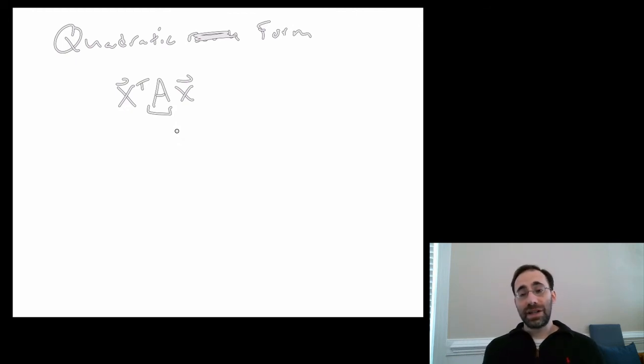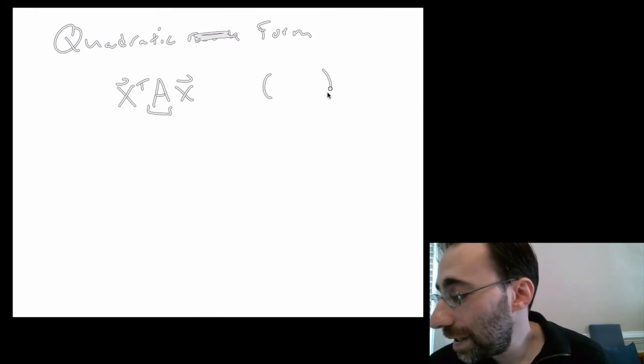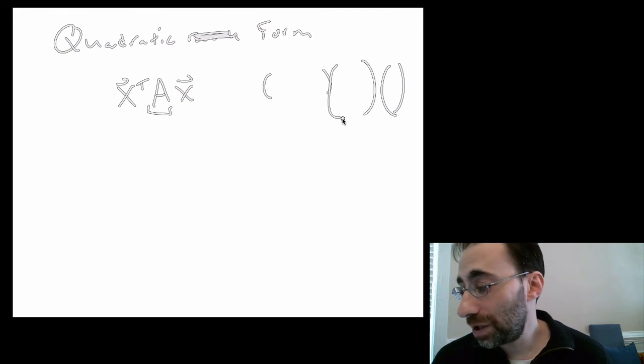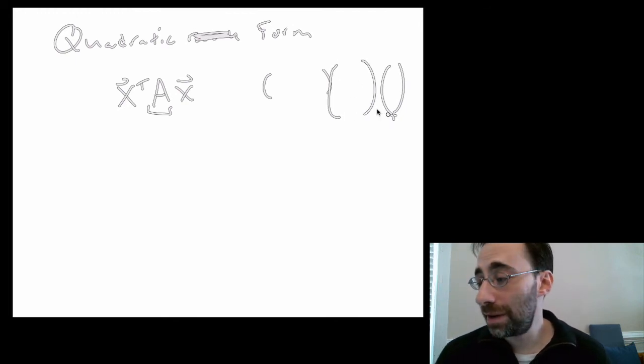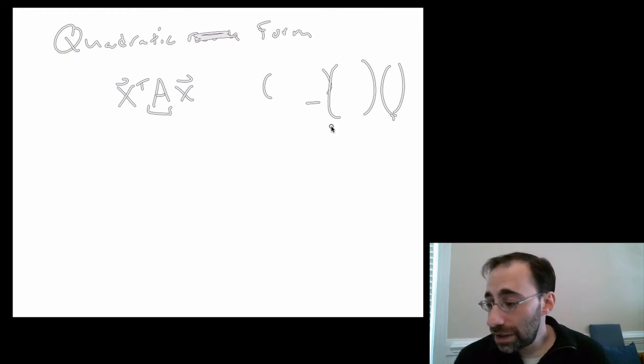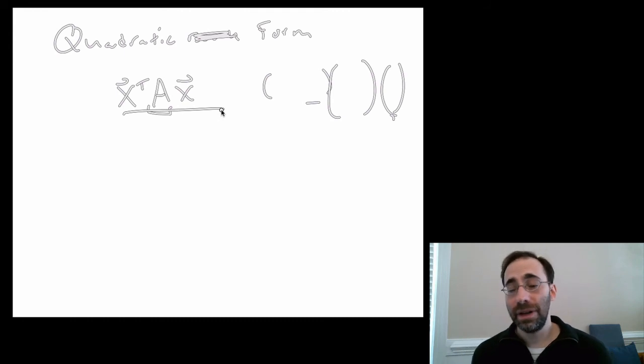Note that if x is a column vector, then x transpose is a row vector. If A is square, the square matrix times the column vector gives you a column vector. The row vector times the column vector is basically a dot product, so it gives you a scalar. So this thing here is a scalar, and this is going to be a quadratic form.